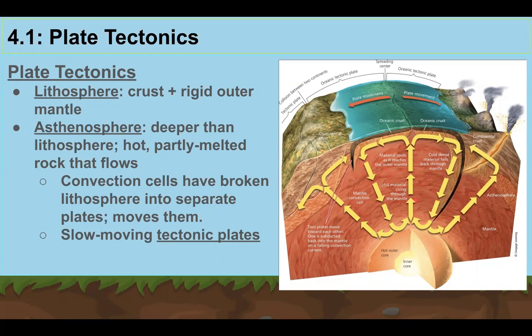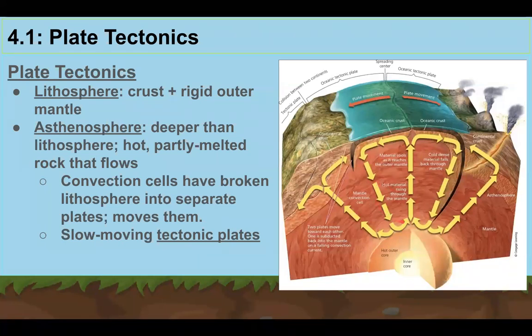Within the mantle, where we have this fluid rock because it is melted, we have these convection cells. So convection is a very important concept in environmental science, not just here in the geosphere, but also especially in the atmosphere as well as in the hydrosphere within the ocean.